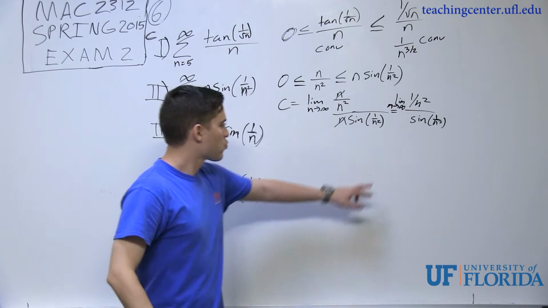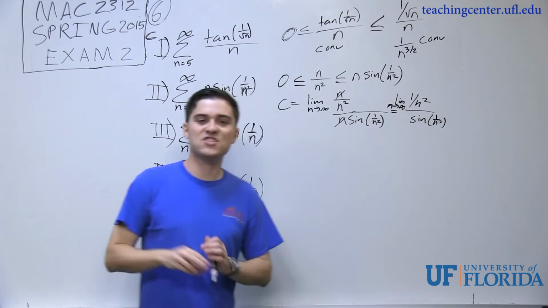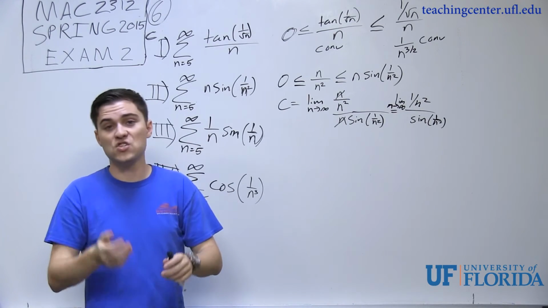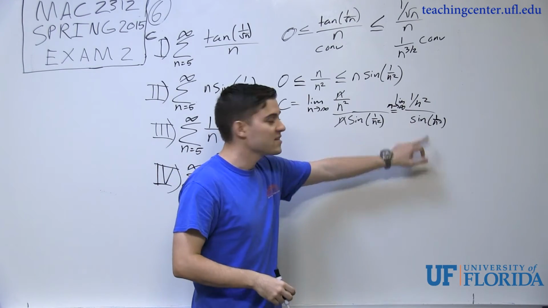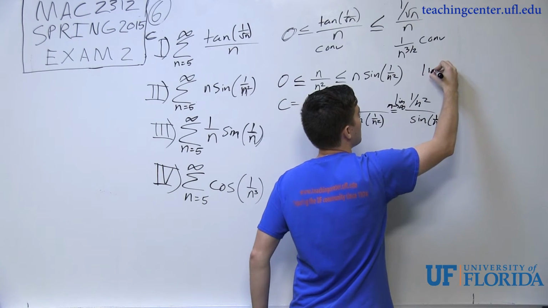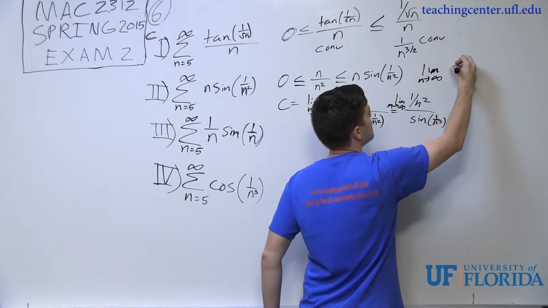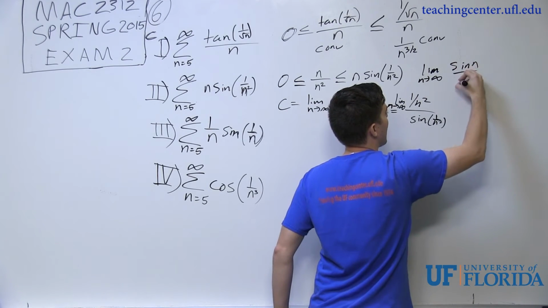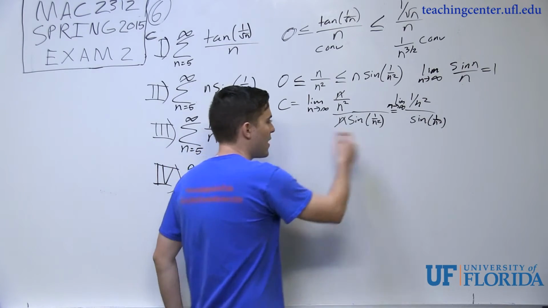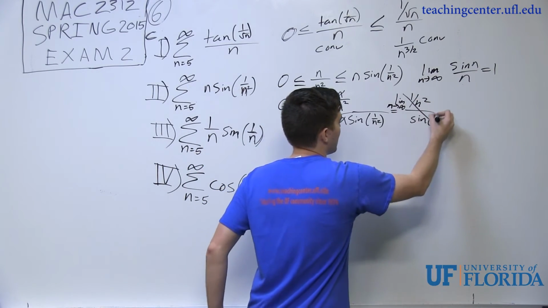Now, there's a rule here that says that if I have sine of something, and the same thing on the bottom, or if it's switched, vice versa, this is equal to 1. That limit says that the limit as n approaches infinity of sine n over n is equal to 1. So therefore, I can just say that this limit is equal to 1.